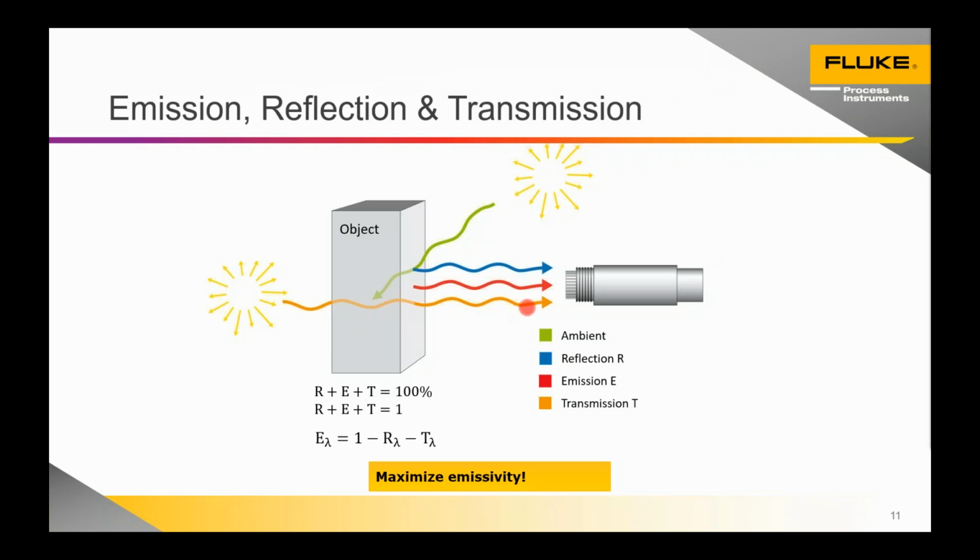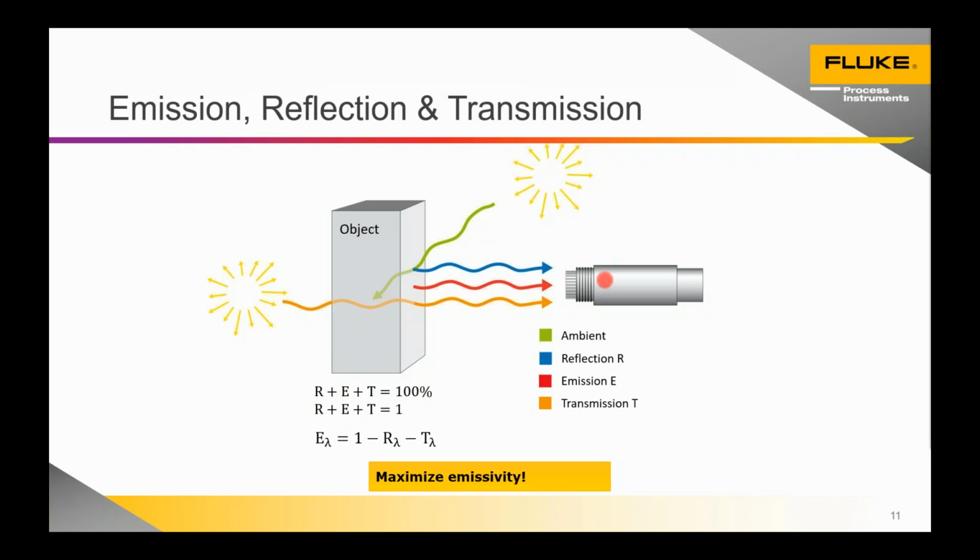Now, transmitted energy we have to consider sometimes in thin film plastics or glass or ceramic type applications. The main point of this really is that the sensor receives everything, really doesn't know what it's receiving. Everything reflected, emitted and transmitted all add up to one.